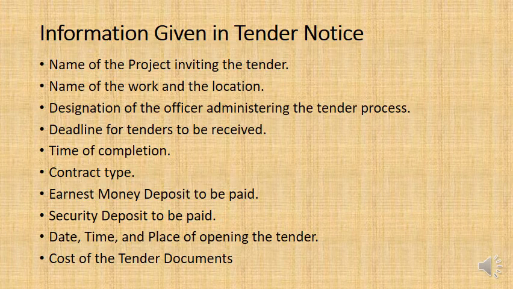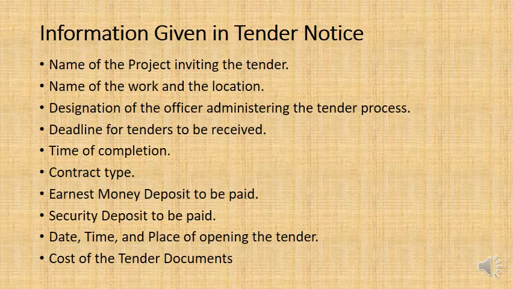The contract type, whether it's a lump sum, a cost plus type contract, you learned about all the different contract types, and also all of the terms and conditions. Will there be penalties for late delivery? Will there be bonuses for early delivery? Will there be bonuses for exceedingly high quality, and so on and so on? What are the quality standards that need to be met?